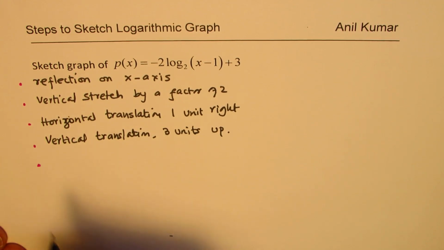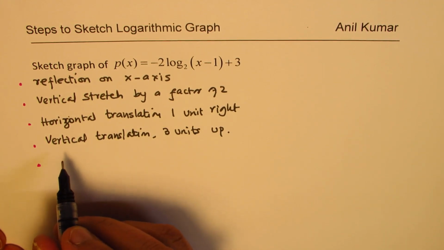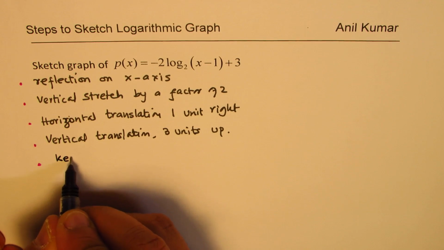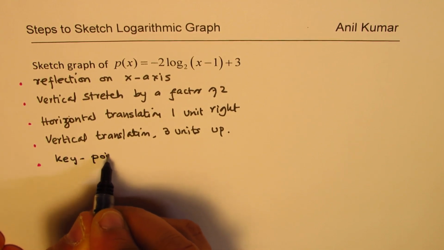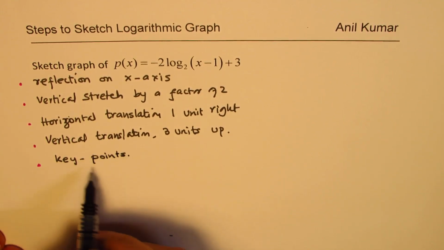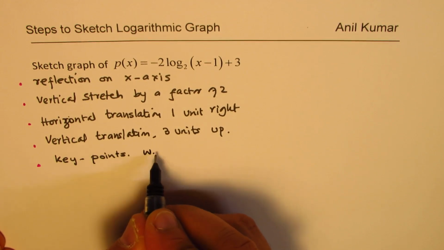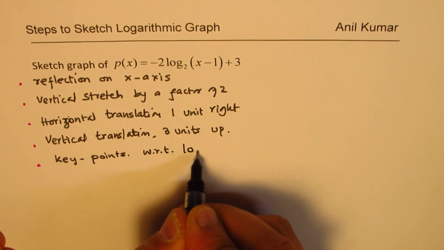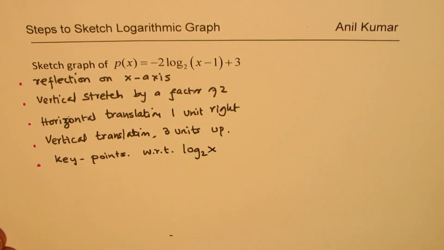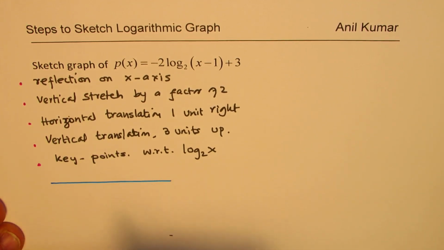Now let us also look into the key points, right? So let's make our key points now. Whenever we are saying key points, it is with respect to the base function, which is log to the base 2 of x, correct? Okay. So let me make a table here so that we can clearly list our points.